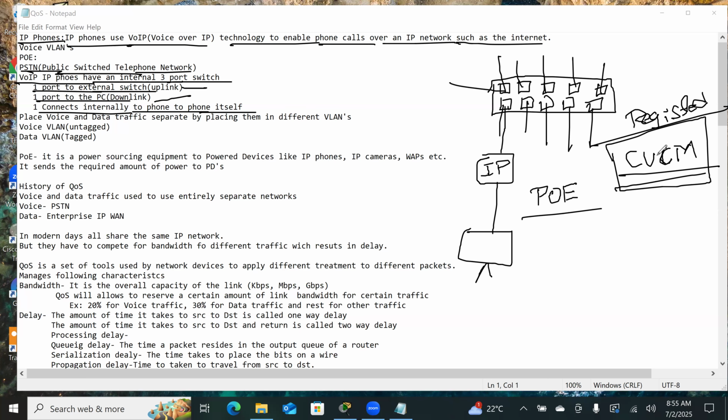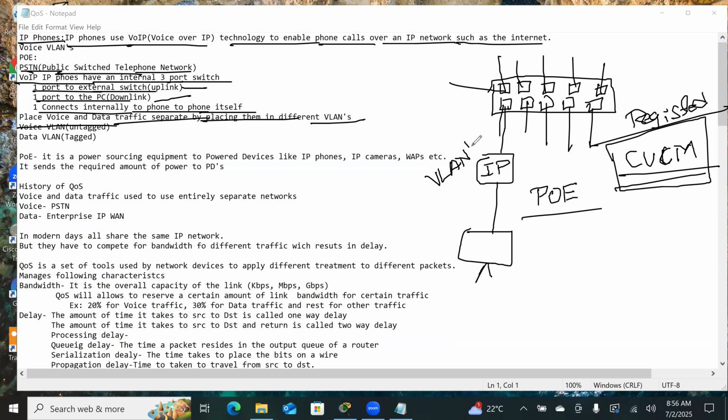And this will also have a separate network, and for this also the network engineers will be separate. And place the voice and data traffic separately by placing them into a different VLAN. Then you may ask, if the switch is connected via this PC and via the IP phone, then how is it going to send the data? We are going to keep the VLANs different here.